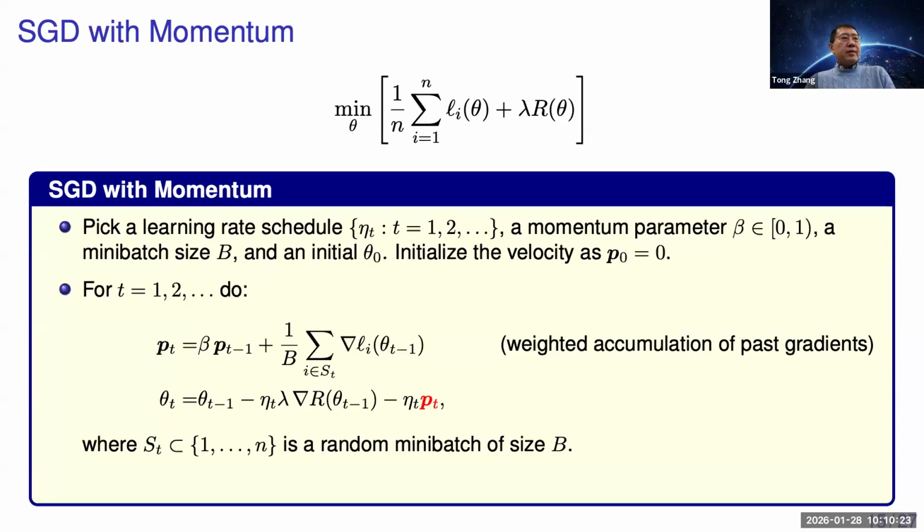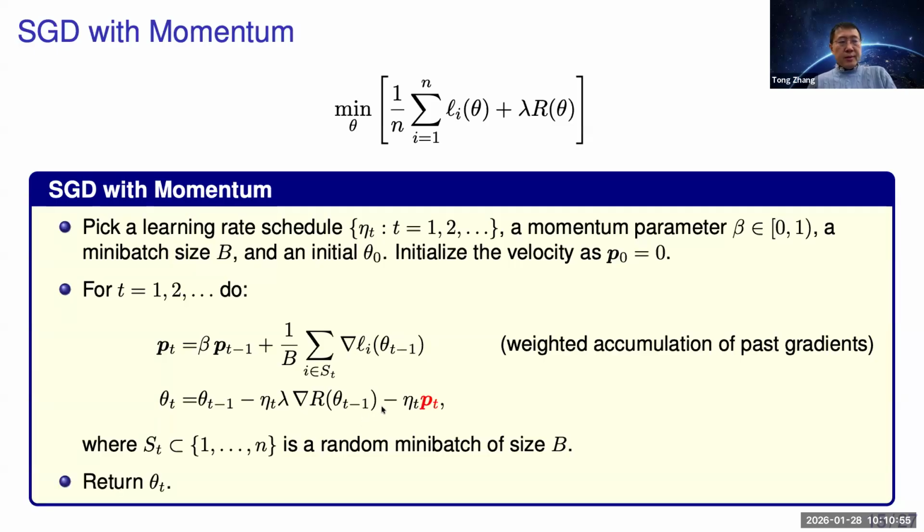This turns out to be a very good technique. The rough rule of thumb is it gets you faster convergence. It tolerates a larger batch size. It tolerates the same eta, but the effective learning rate becomes larger sometimes, so you could make the convergence faster.